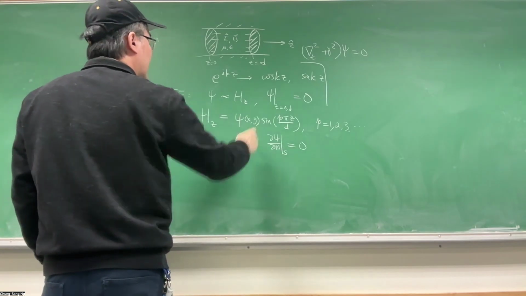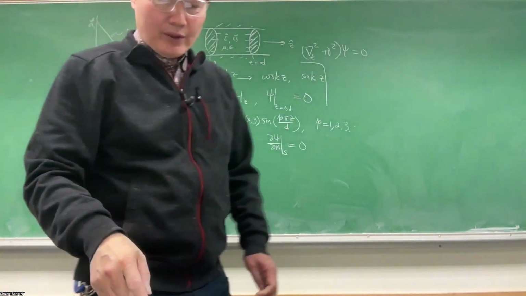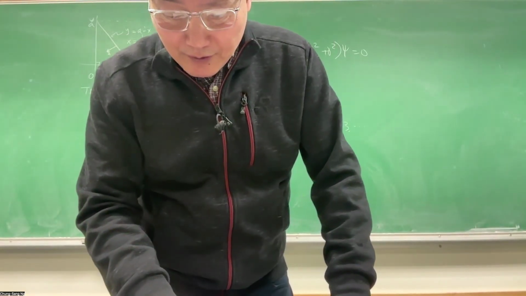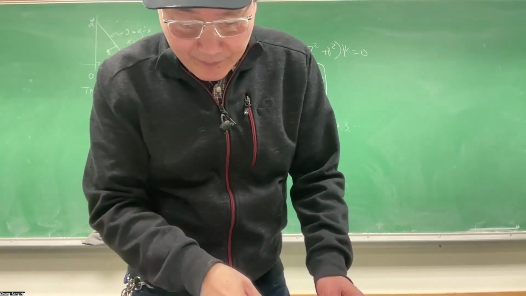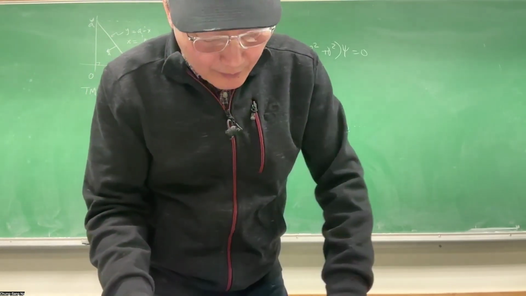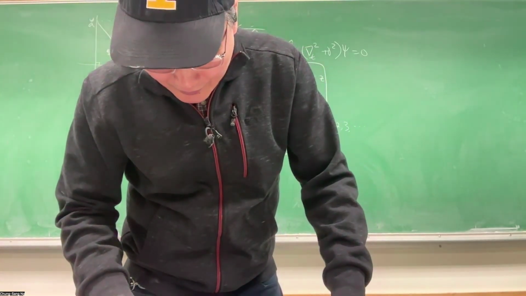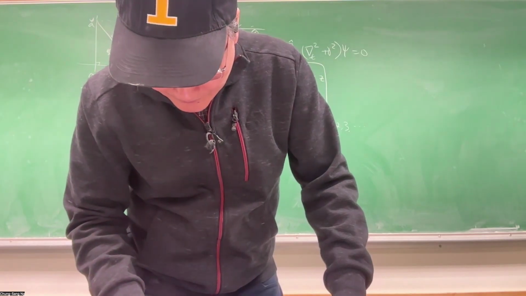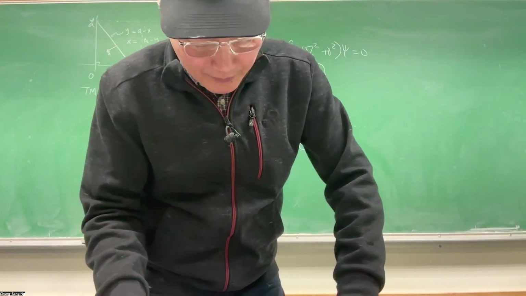Now to determine the boundary condition is slightly more complicated. We need to go back to a few equations to look at the boundary condition. Let me look for it. I was looking at Jackson, whether he pointed out where the boundary condition is. No, let's just go back to those equations that we did.